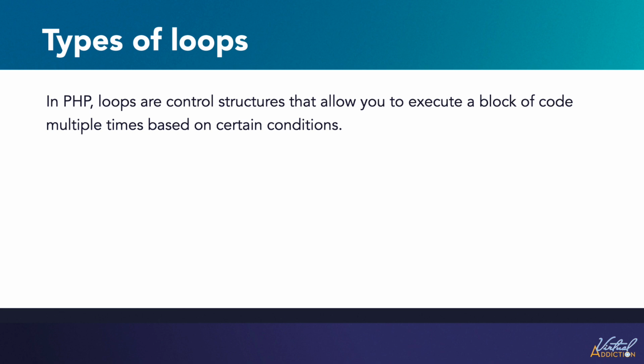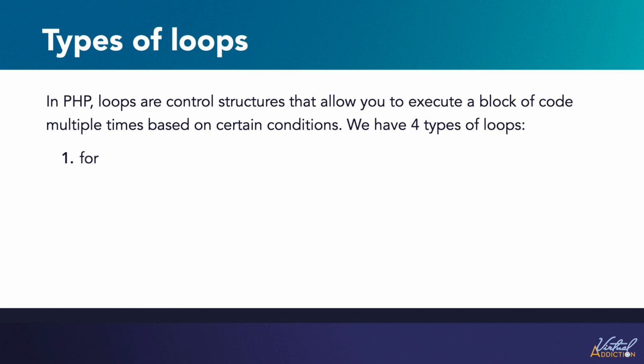You can think of loops in PHP as control structures that allow you to execute a block of code multiple times based on a specific condition. We use these often when we want to iterate over arrays, process repetitive tasks, and automate logic within a program. There are 4 types of loops in PHP.